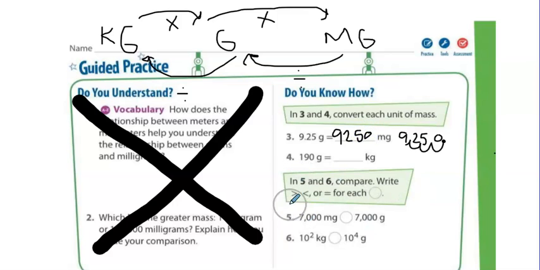All right, so looking at number 4, we're going from grams and we're going back to kilograms. So we're going to be using that division piece because we're going from a smaller unit to a bigger unit. So we want to make sure that that number is getting smaller. So we're going to be dividing. And on this one, you do not have a decimal, but I would recommend that you add that decimal to the very end, because if there isn't a decimal, we always assume it's at the end of the problem.